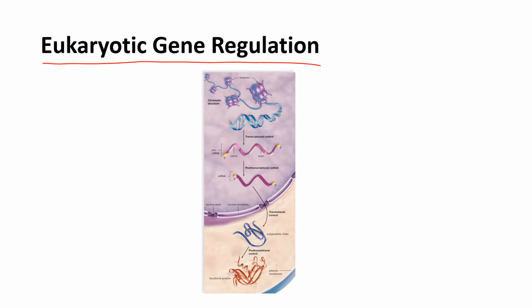The first level is chromatin structure. Then there are several different controls for transcription and also translational control. And then they even exhibit post-translational control, so changes that occur to the protein to control whether the protein is functional or not.